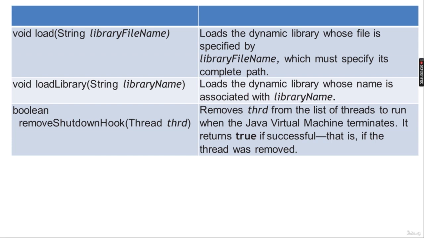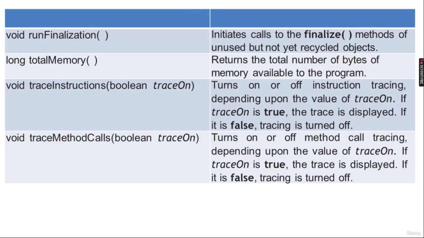Okay, whatever thread you are specifying will be removed from the list of threads. It returns true if successful, otherwise it returns false. When the Java virtual machine shuts down, whatever thread you give will be removed from the thread list, and if it is removed successfully, it will give you true.